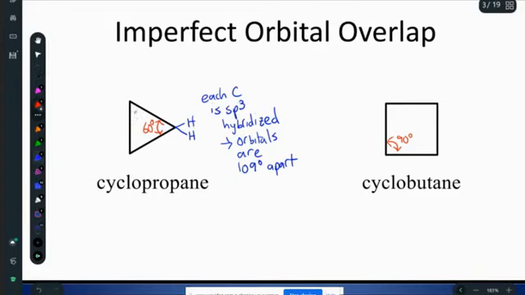Well, if I think about where my orbitals are, 109 degrees apart. So if I go to one of these carbon atoms at a vertex, like right here, and I draw in my sp3 hybrid orbitals, my sp3 hybrid orbitals might point out in this direction, and then another one might point out in this direction.